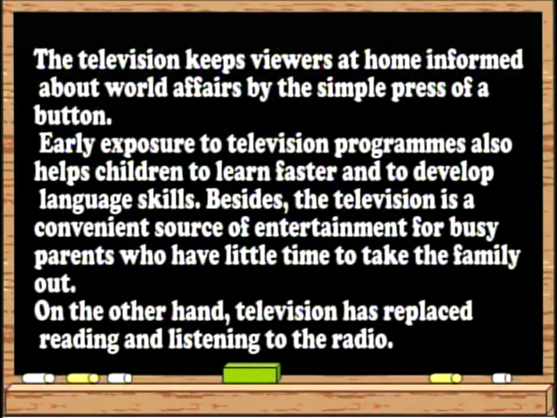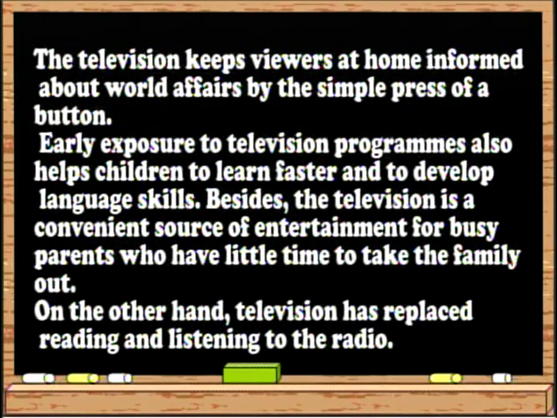The television keeps viewers at home informed about world affairs by the simple press of a button. Early exposure to television programs also helps children to learn faster and to develop language skills. Besides, the television is a convenient source of entertainment for busy parents who have little time to take the family out.